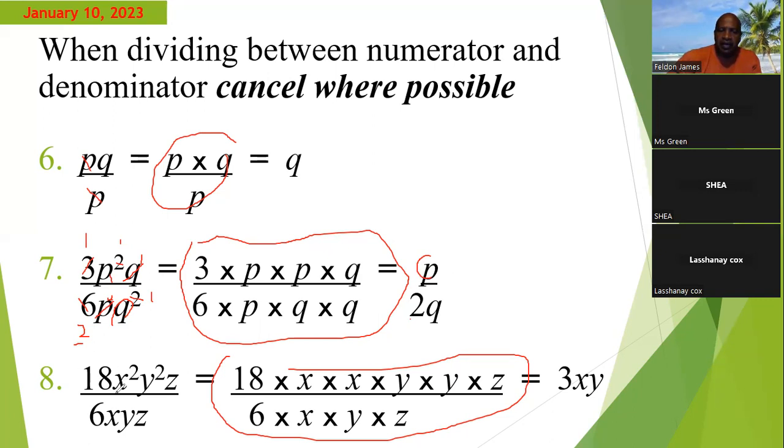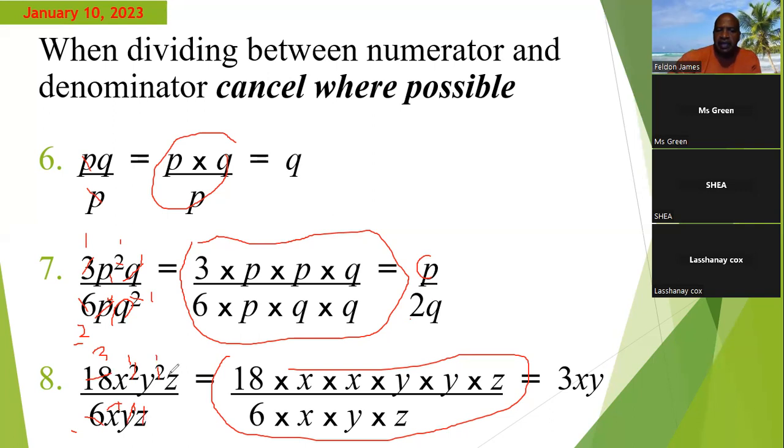If you look at this one down here, you're doing the same thing. 6 into itself goes 1. 6 into 18 goes 3. The power of x down here is 1. You cancel out 1 of this with 1 of this. You're left with only x to the power 1. The power of y down here is 1. Cancel out 1 of this with 1 of this. You have y to the power 1.